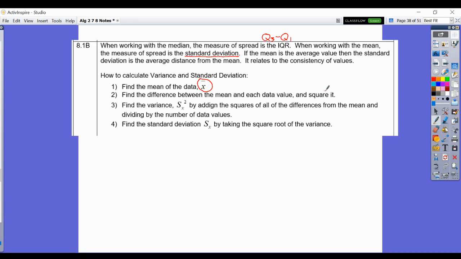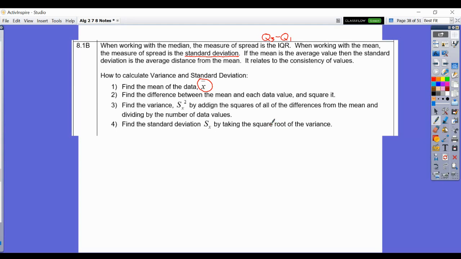You square those. And then to find the variance, S sub X squared, you add all those squares that you just found in part 2 together and divide by the number of values. So it's kind of the average of the squares. And then the last step to find the standard deviation is you square root it.